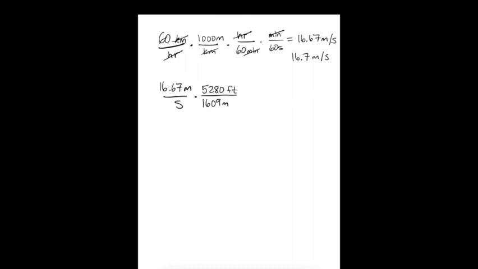You might remember or be able to look up a different conversion number, but again, the key is that we have the units cancel. So we see meters and meters cancel. And once we do the arithmetic, we find that the answer is 54.69 feet per second.